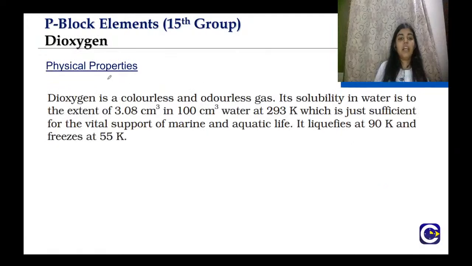Next, dioxygen is a colorless and odorless gas. Its solubility in water is 3.08 cm cube in 100 cm cube of water. That means 100 cm cube of water can dissolve 3.08 cm cube of oxygen at 293 Kelvin, right. At room temperature this much is soluble, which is sufficient for the support of marine and aquatic life.